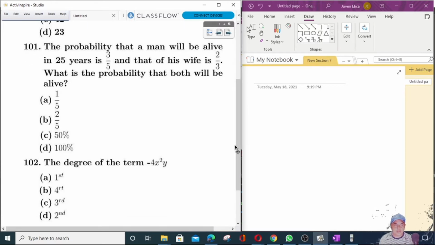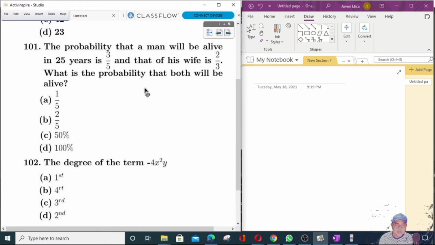Part 11 will start in question number 101, and the question is about probability. It says that the probability that a man will be alive in 25 years is 3/5, and that of his wife is 2/3. What is the probability that both will be alive?